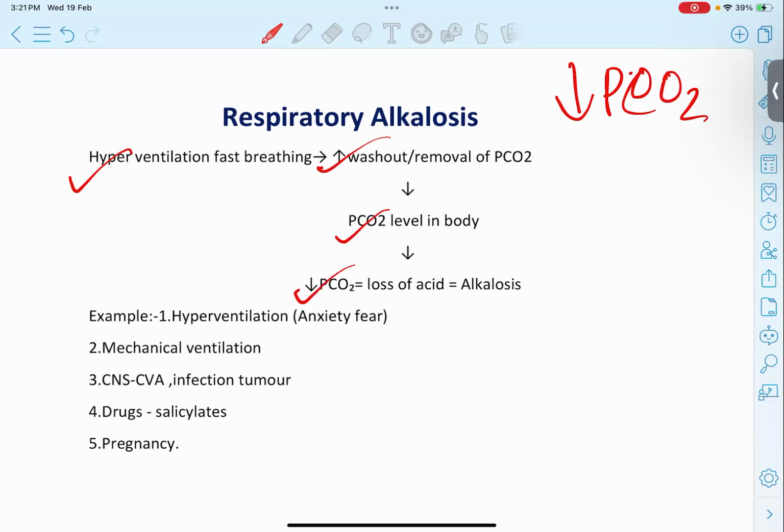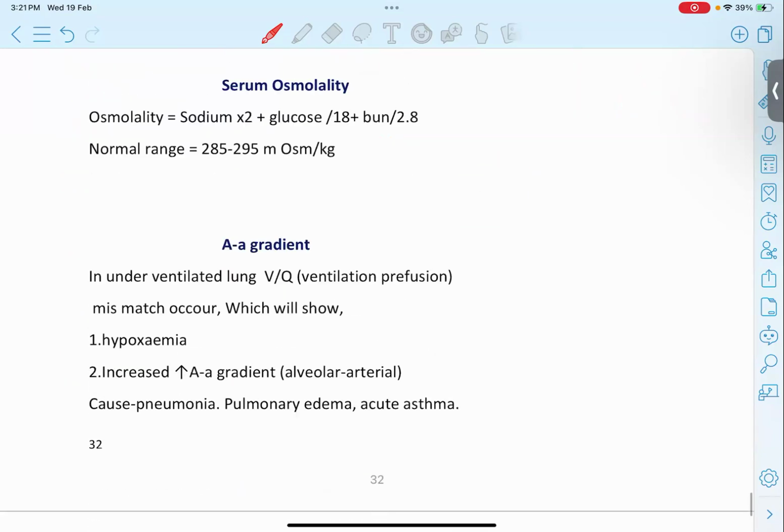Loss of acid means alkalosis. Examples of respiratory alkalosis are hyperventilation, like anxiety, fear, mechanical ventilation, severe CNS infection, tumor, drugs like salicylate, and pregnancy. So any situation where there is hyperventilation, there can be respiratory alkalosis.